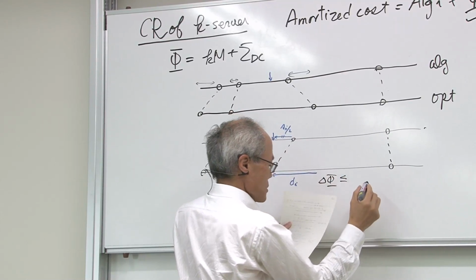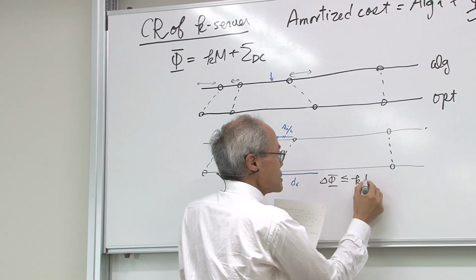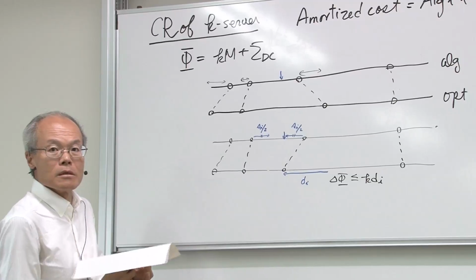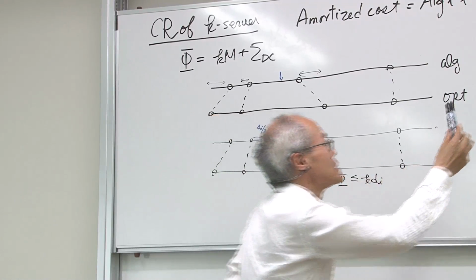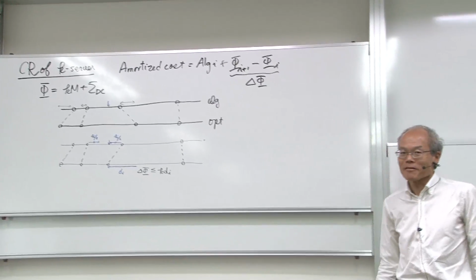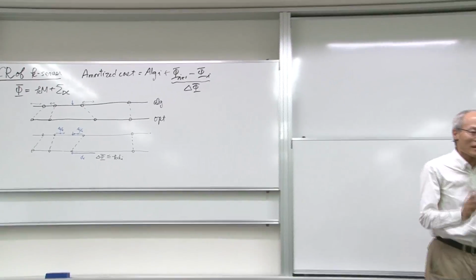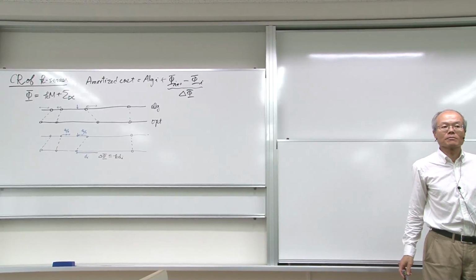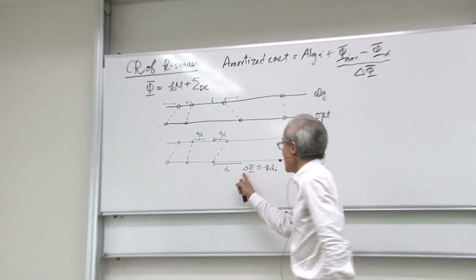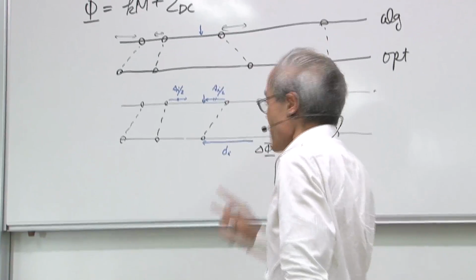is at most k times d_i. Note that delta psi is a part of the cost, which means the smaller the better for us. That means we'd like to bound delta psi from above.